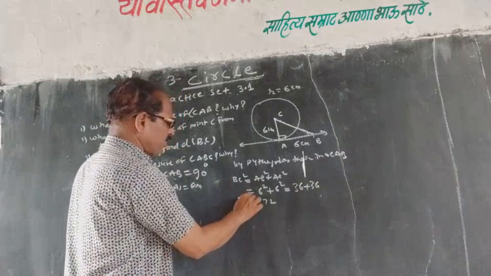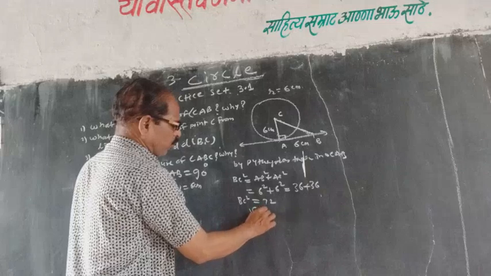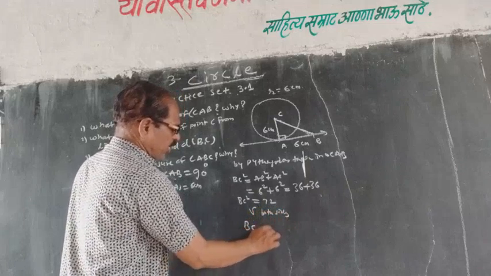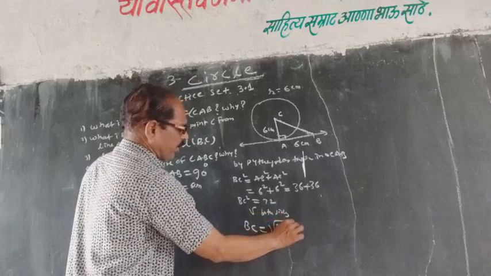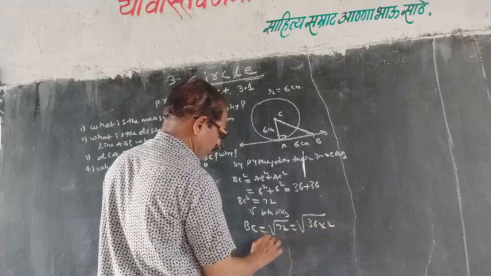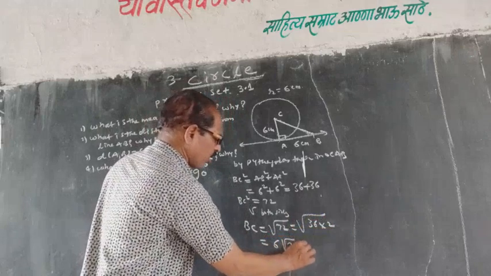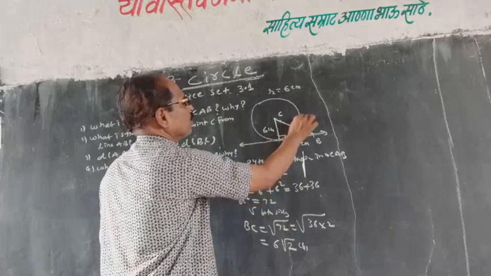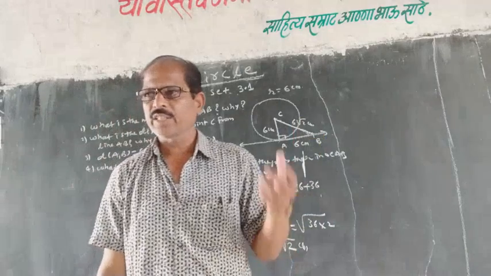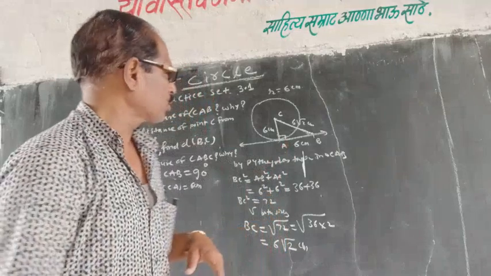BC square is 72. Taking the square root of both sides, BC is equal to under root 72. 36 into 2 means 6 under root 2 cm. So the length of hypotenuse BC is 6 under root 2 cm.